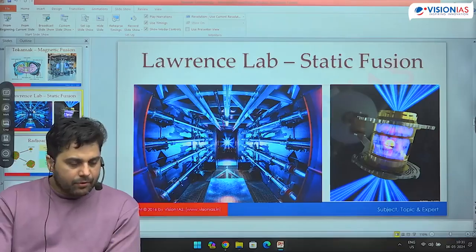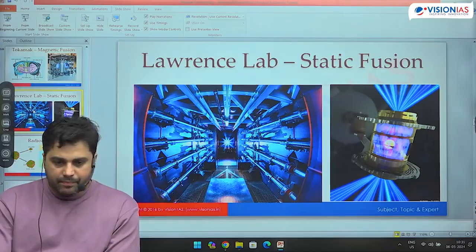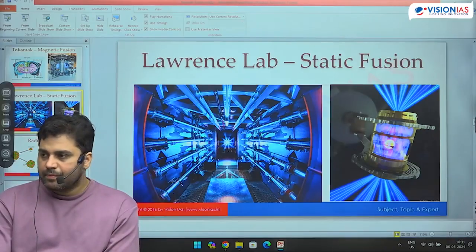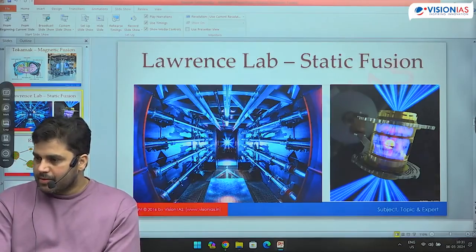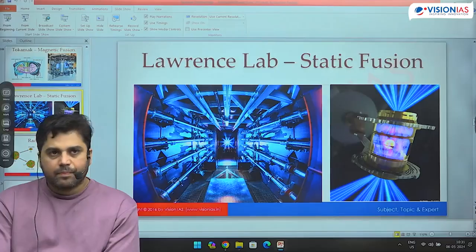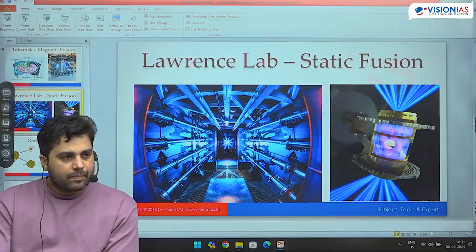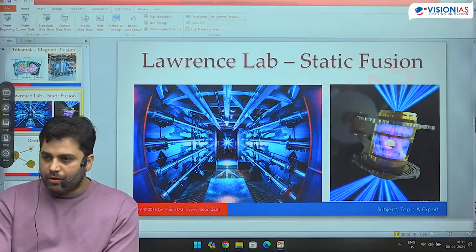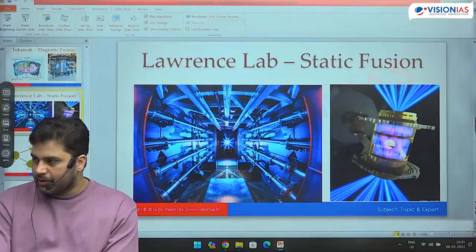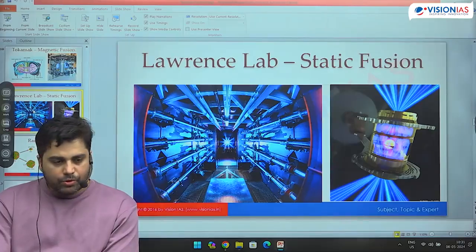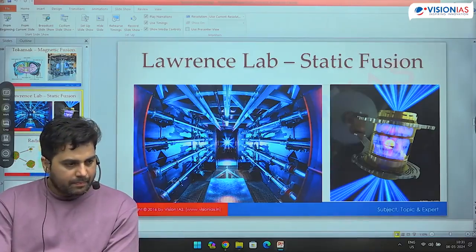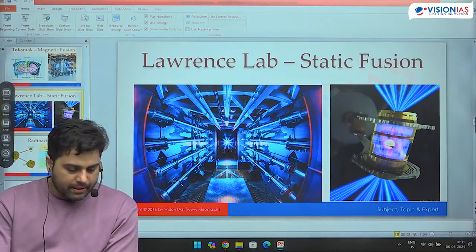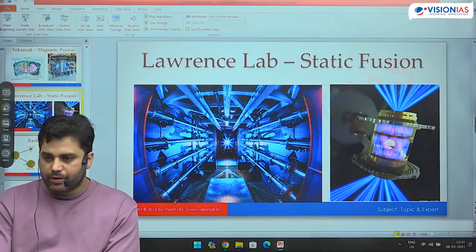Next, fusion requires deuterium, which is available in almost all natural sources of water.